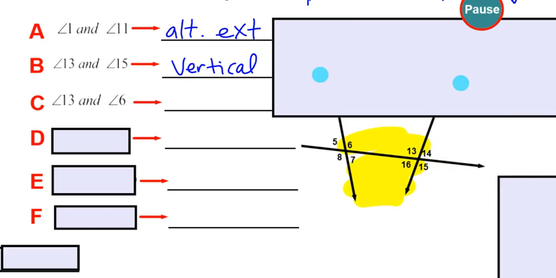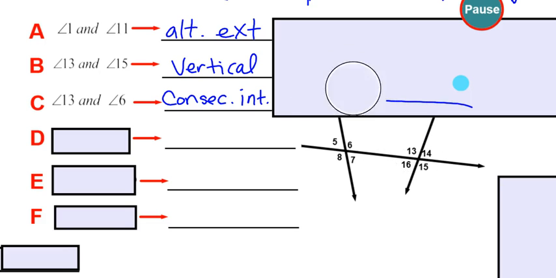So are those angles between the 2 lines? And they are interior angles. And then if I trace those, do you notice that you have a U right there? And if you remember back, which ones are the C or the U? Those are our consecutive interior angles. So those 2 guys right there are consecutive interiors. Now let's get rid of some of this extra stuff that we got going on here.